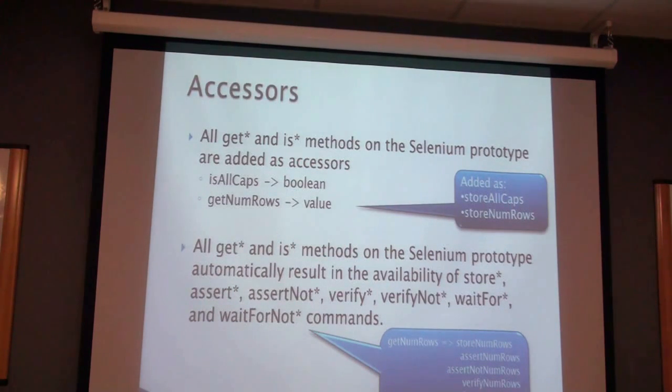So, in addition to your command that's going to be transformed from get to store, or from is to a Boolean, it's also going to add assert, assert not, verify, verify not, wait for, and wait for not commands for free. You don't have to write them.